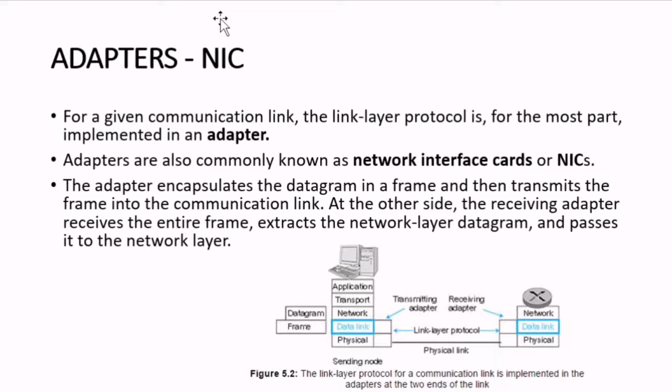So what's the function of the NIC? The adapter encapsulates the datagram in a frame and then transmits the frame into the communication link. At the other side, the receiving adapter receives the entire frame, extracts the network layer datagram and passes it to the network layer. That is the function of the NIC.